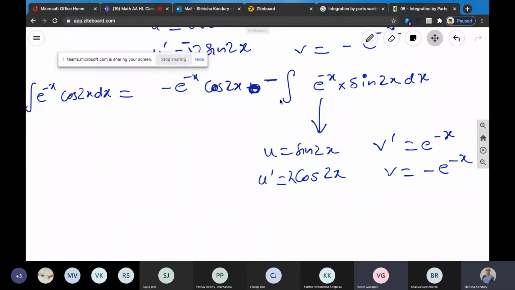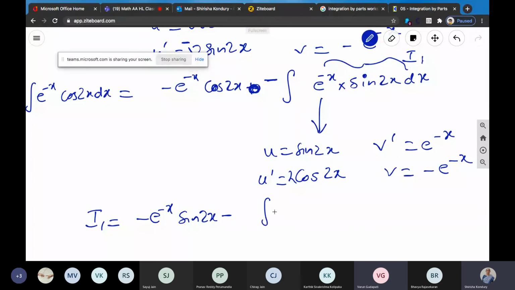So I'm going to rewrite the second part of the integral. Let me call this second part of the integral I1. So my I1 looks like this: U into V minus integral U dash into V. You write 2 cos 2x into e power minus x.